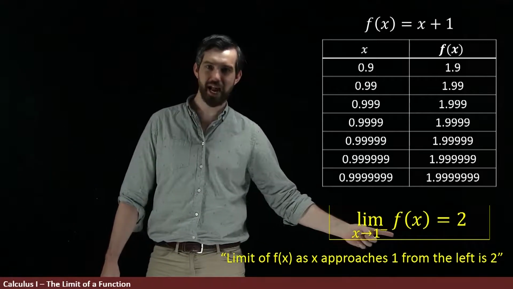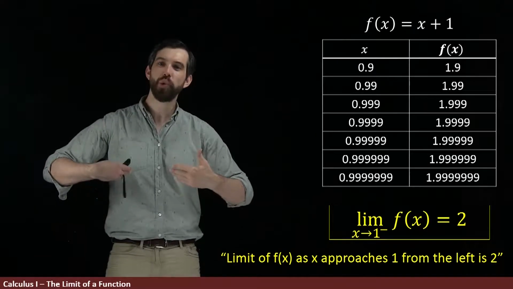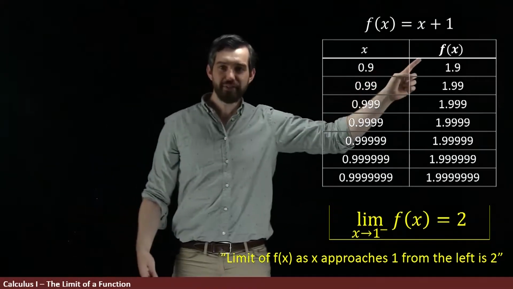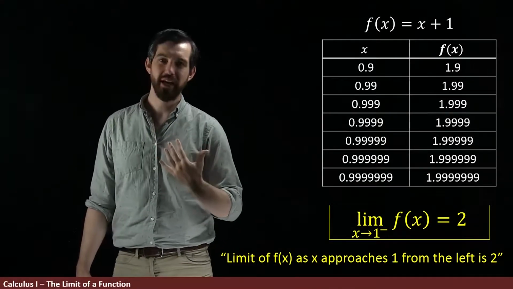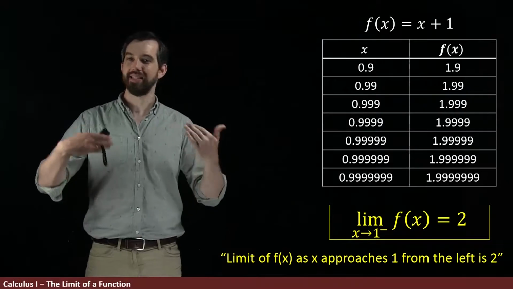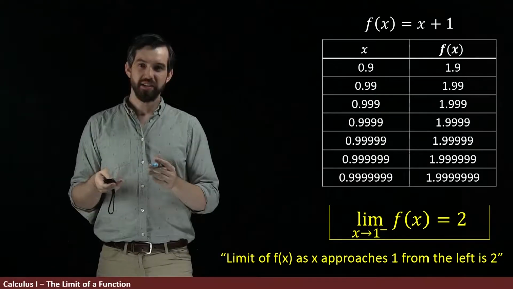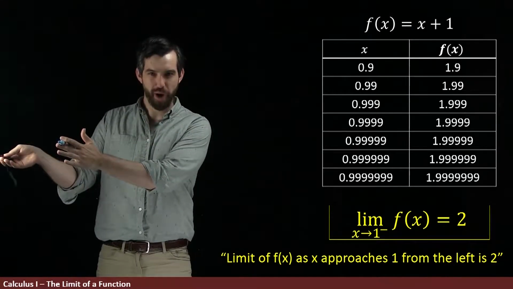So as our x values get really close up to 1, but all from the left, the f of x values get really close to 2. And so we say the limit of f of x as x goes to 1 from the left is equal to 2.